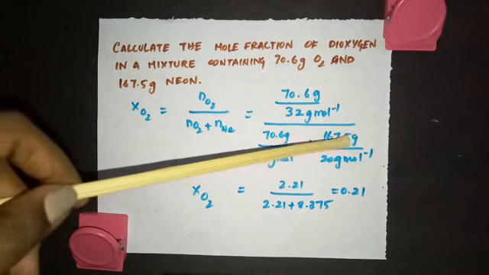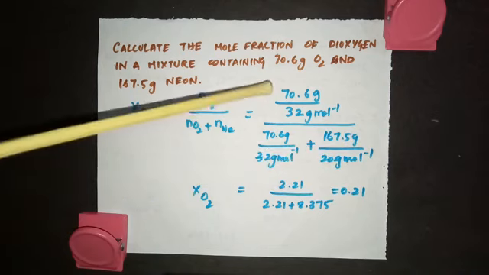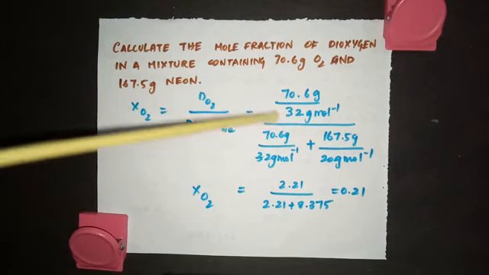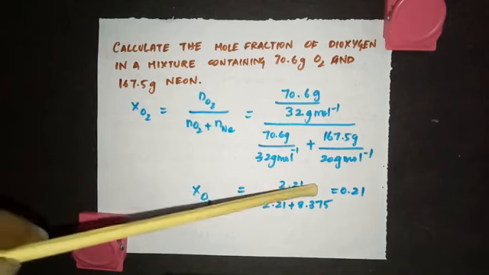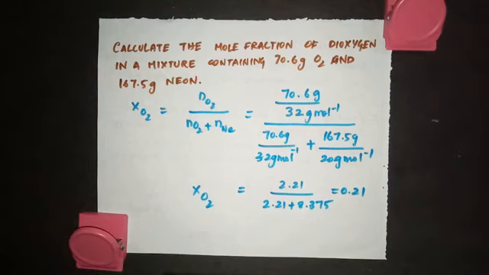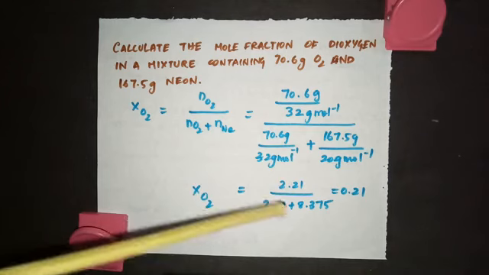So 167.5 gram divided by 20 gram mole inverse. So this is the number of moles of neon, this is the number of moles of oxygen, and this is again the number of moles of oxygen. When you do the calculation, you get 2.21 divided by 2.21 plus 8.375. Some of you will cancel out these two. You are not supposed to do that because there is a plus here.